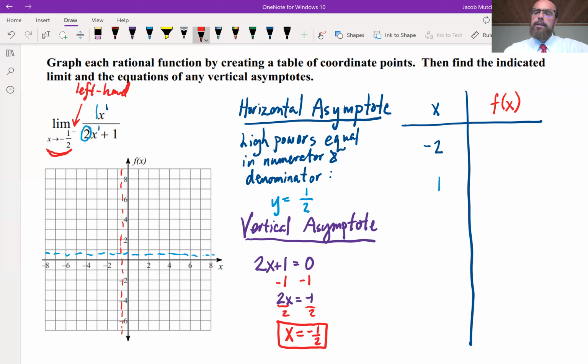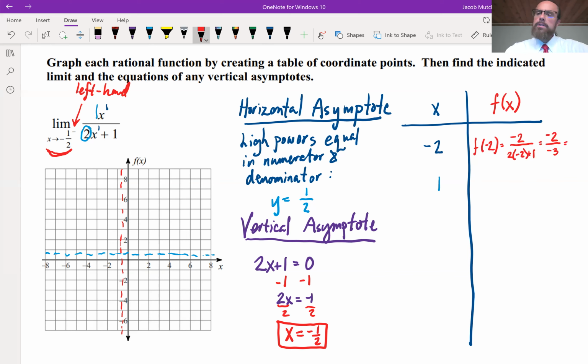So f at -2, I'm going to replace x values with -2, so that's -2 over 2 times -2 plus 1. So to simplify this fraction, 2 times -2 in the denominator is -4, plus 1 is -3.